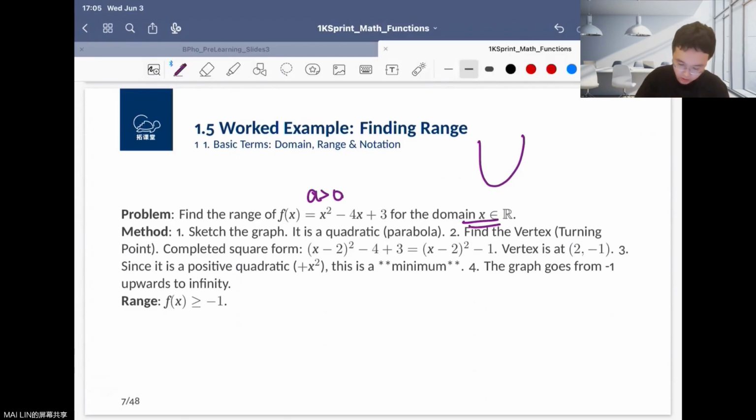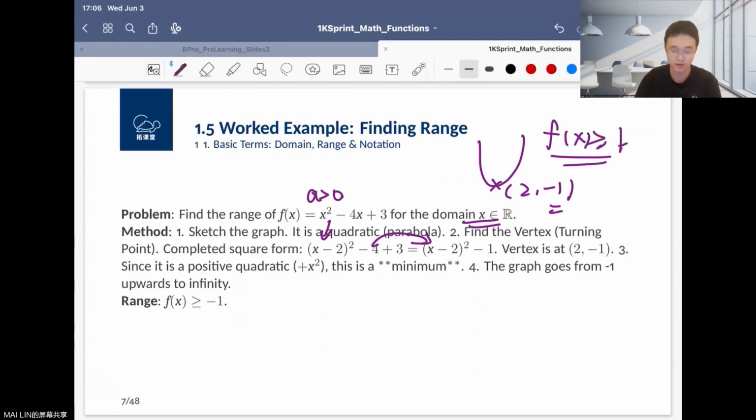First write it in square form: (x minus 2) squared minus 4 plus 3, so the final form is (x minus 2) squared minus 1. The vertex is (2, negative 1), which also means the smallest value of the function is negative 1. So f(x) is bigger than or equal to negative 1, and that is the final range for the function, okay?